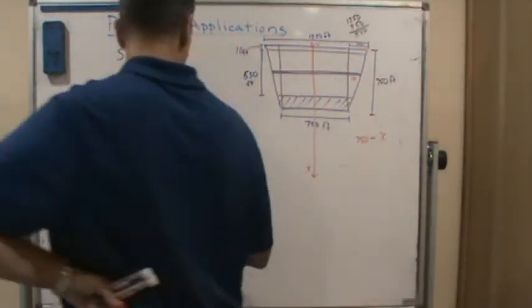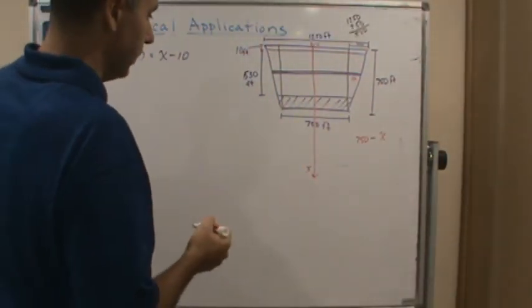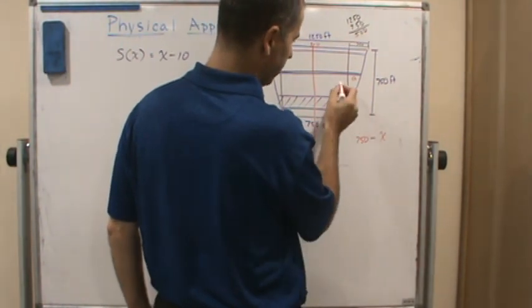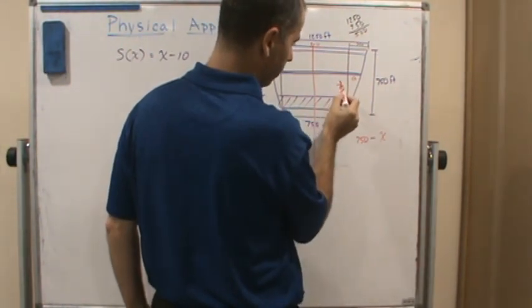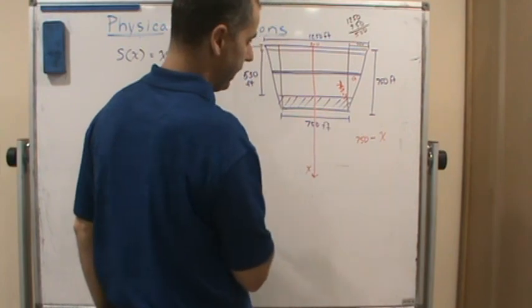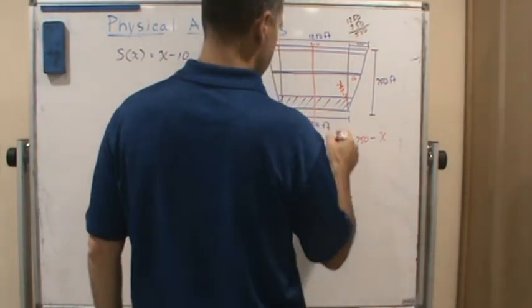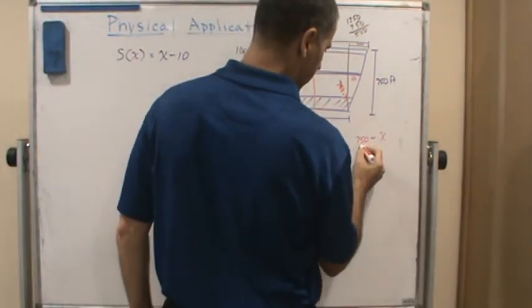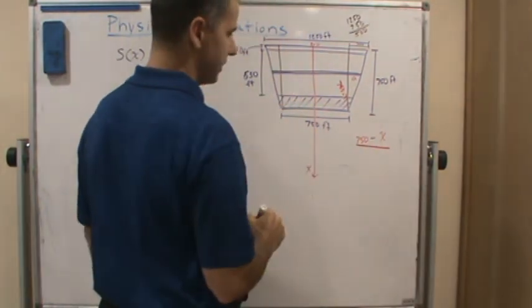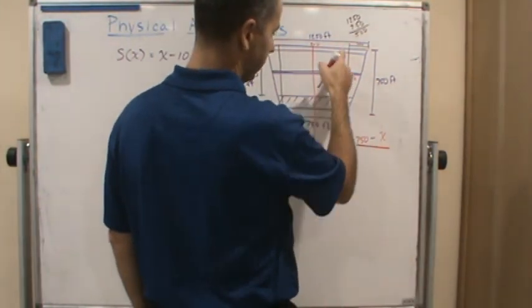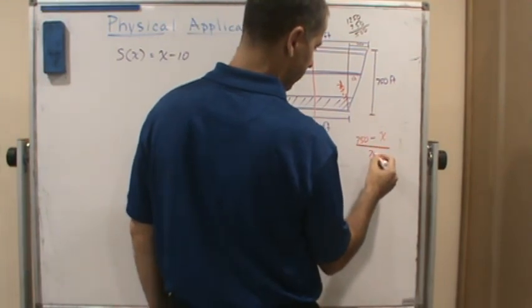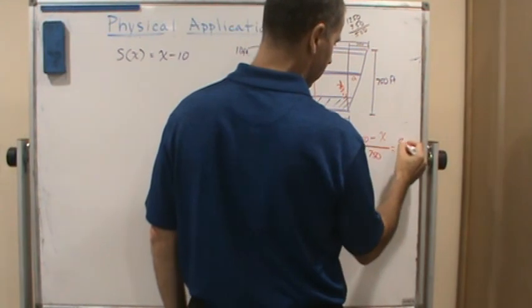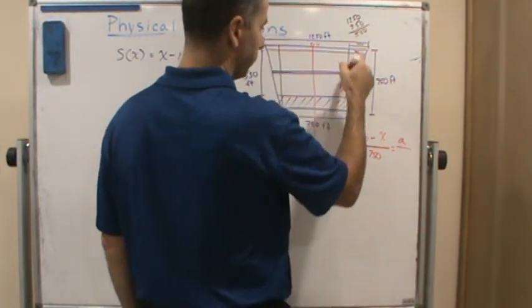Okay, so now let's set up our proportion. So we know that this is 750 minus x. So we get, well, we can do this, right? So we get 750 minus x goes with 750 is equal to a over 250.